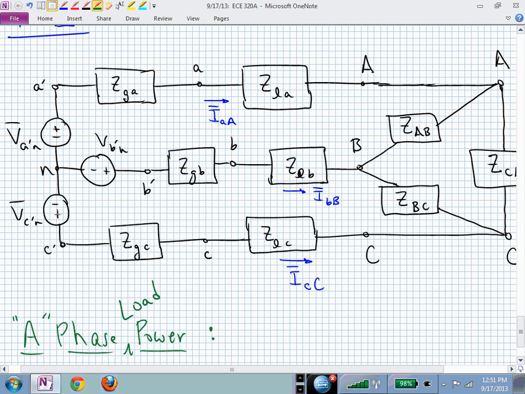So you really have to watch how I'm reading that or stating that. If it's not clear, then you label what you're doing. You're saying, I'm finding the power in the A phase of your load. What's the formula now in this configuration for the A phase load power?